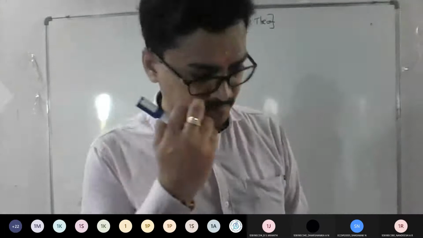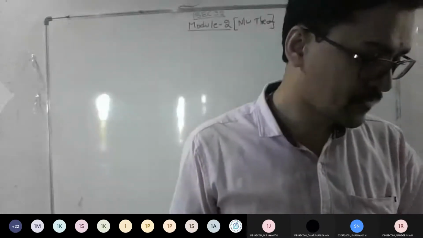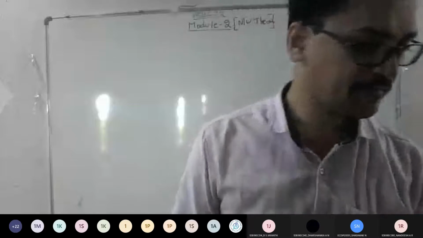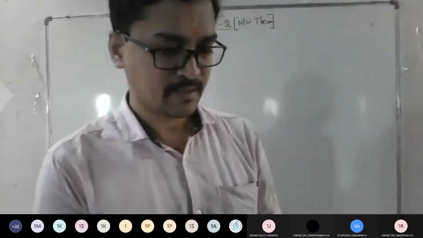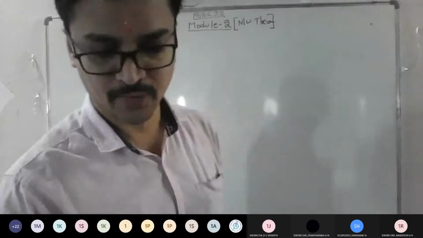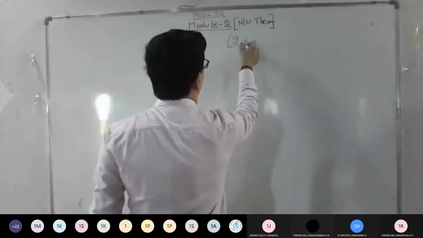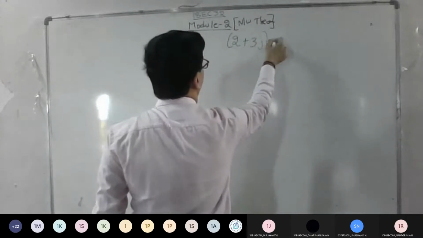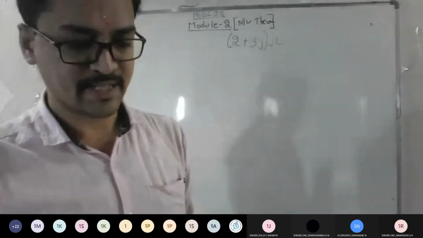Using Millman theorem, find the current flowing through the 2 plus 3j ohm.